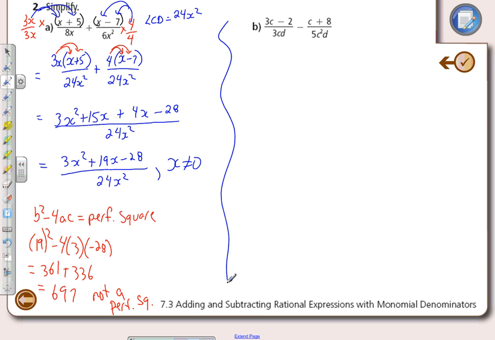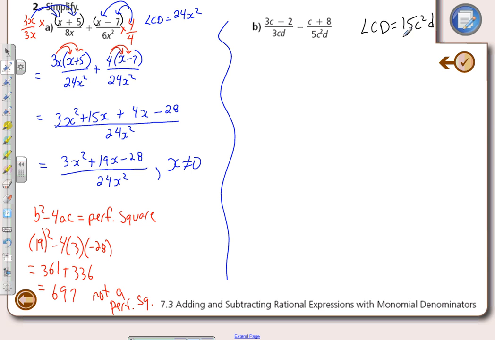And do the same thing for the next one. Might be a good idea to pause now here, see if you can do it yourself first before you continue. LCD for the denominators. We've got 3 and 5, so that's going to be 15. A c and a c squared, c squared. A d and a d, so just a d.